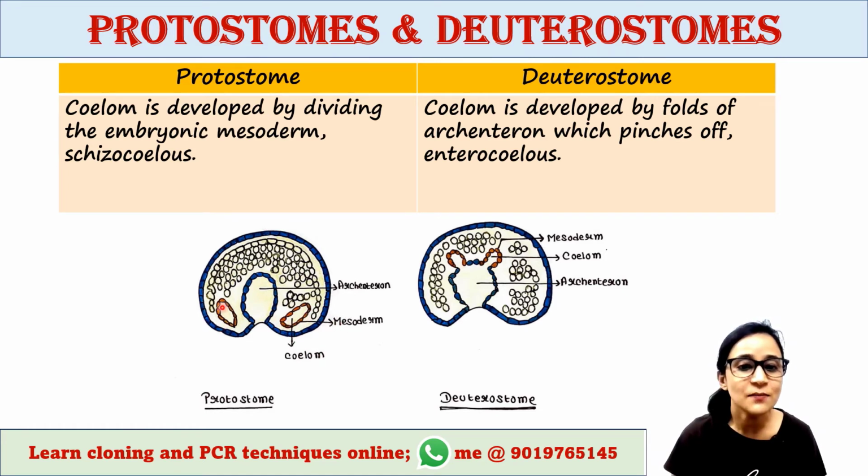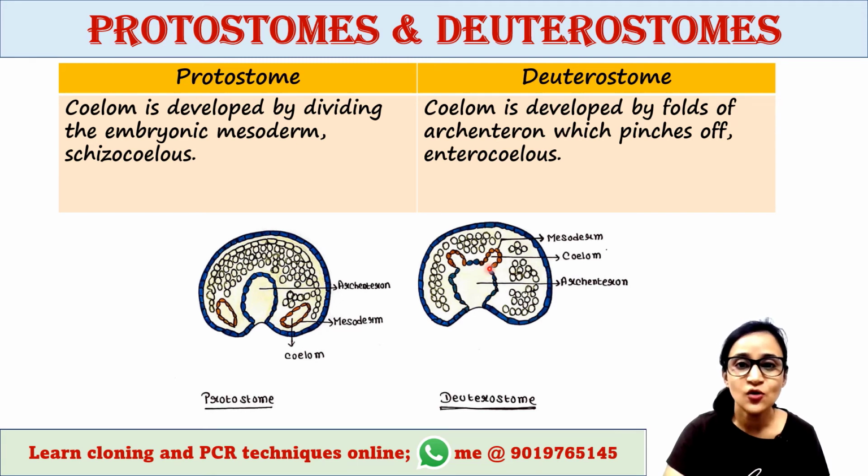This is also the mesoderm. So, we can see that the mesoderm is splitting. Therefore, two mesoderm layers are here and they will become the coelom. So, here the coelom is there and the coelom is generated after the splitting of this mesoderm.